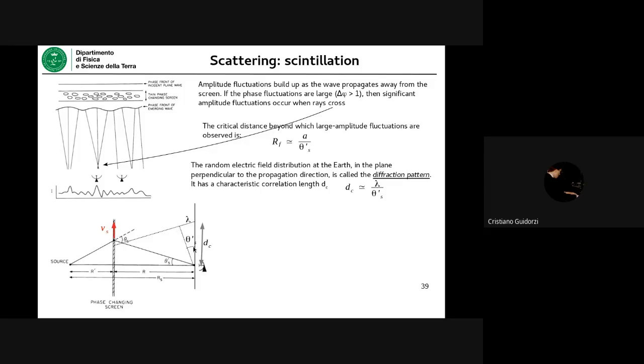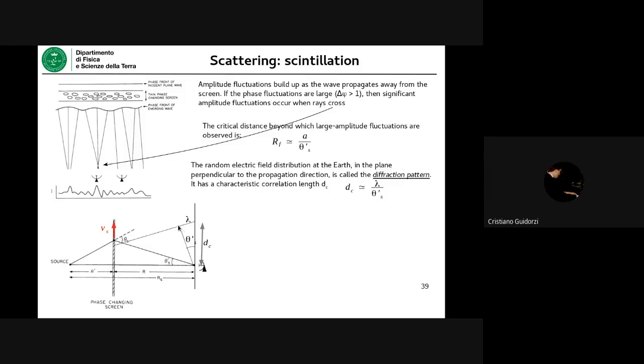So if you want a path difference between this line and this line comparable with lambda, and at the same time the angular difference between the 2 rays is of the order of theta s prime, it means that you have to consider this triangle here. And this immediately determines the corresponding length along the plane.